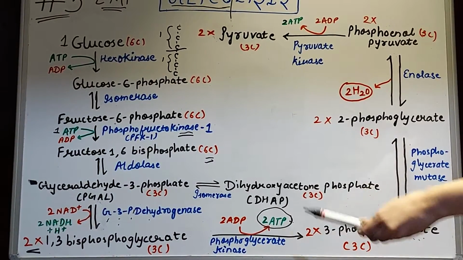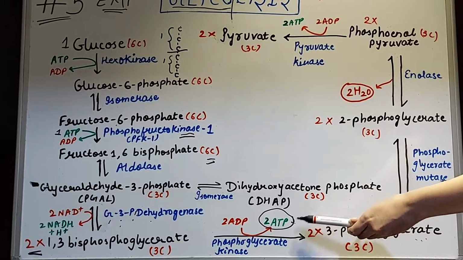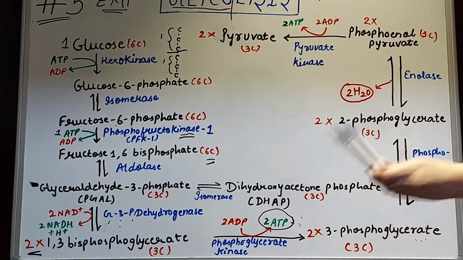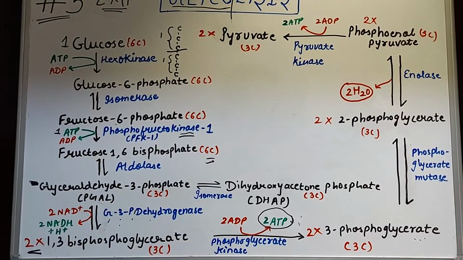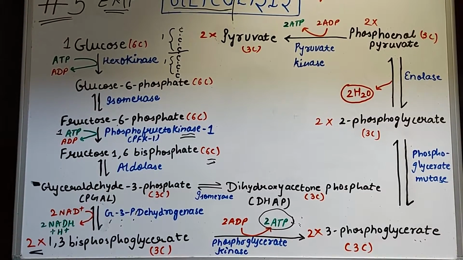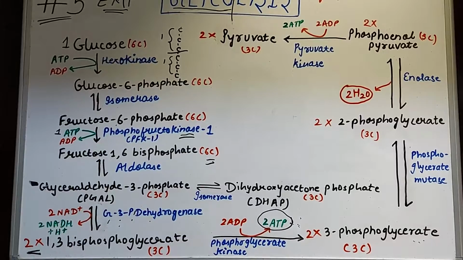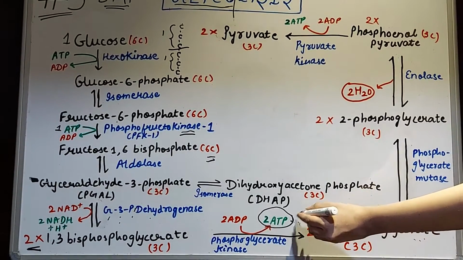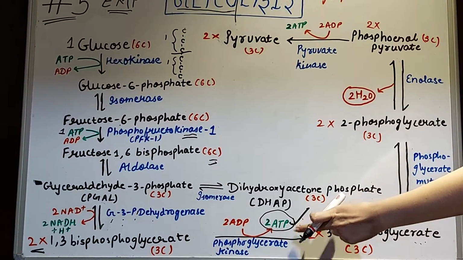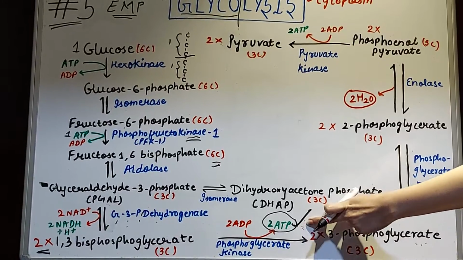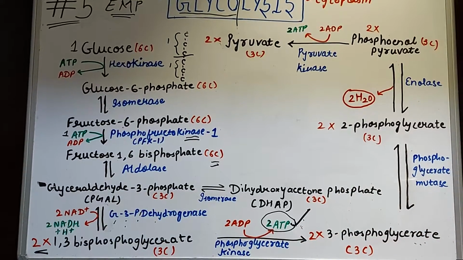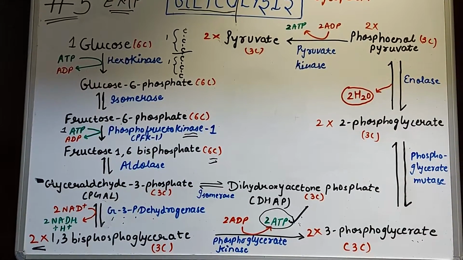So remember guys, this is the first reaction in which ATP, or we can say energy, is generated. In the initial two reactions which we saw, energy was utilized, ATP was utilized to form ADP. This is the first reaction in which ATP, or energy, is generated. So this step is very important.